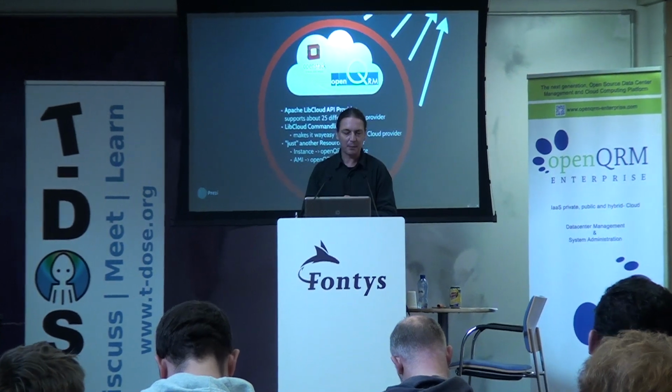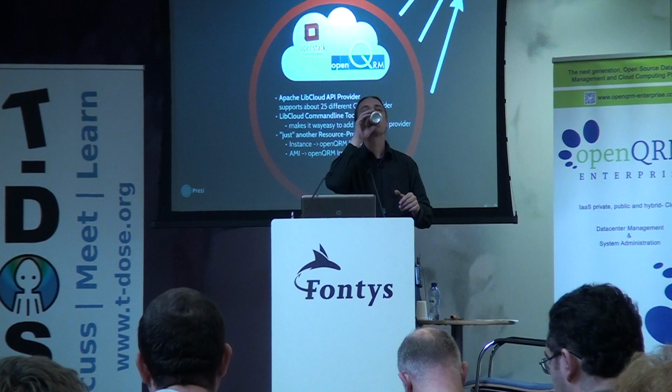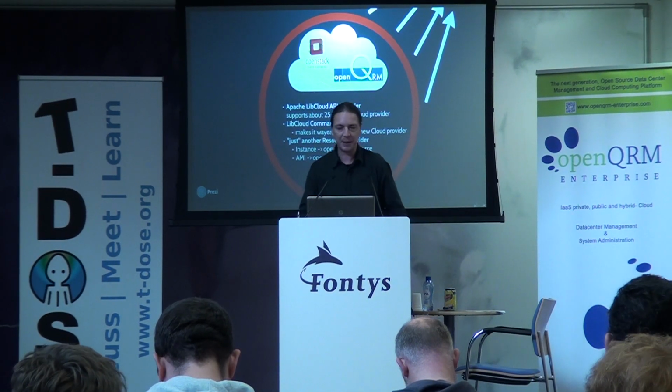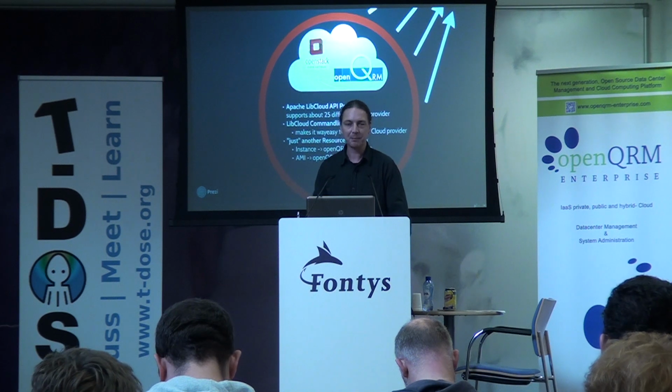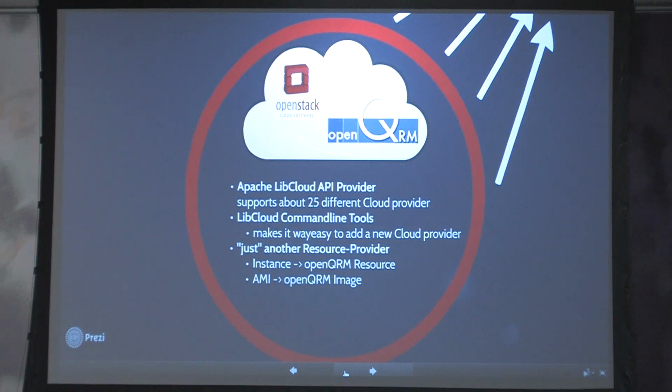Cool. Some more details, especially about the OpenStack integration. We have done some evaluation before we integrated OpenStack as an additional cloud provider next to Amazon and Eucalyptus, which were already in there before.